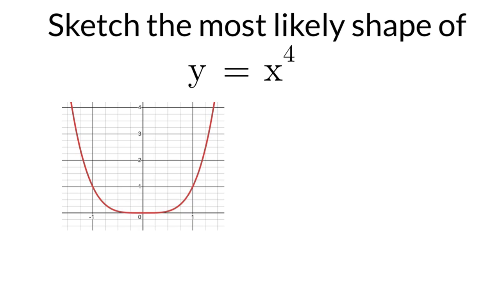And depending on the 2 characteristics, our most likely shape should turn 3 times. And since our leading coefficient is 1, which is positive, it should go up on the end. So the sketch that we should be expecting is for it to go up on the right side and turn 1, 2, 3 times.